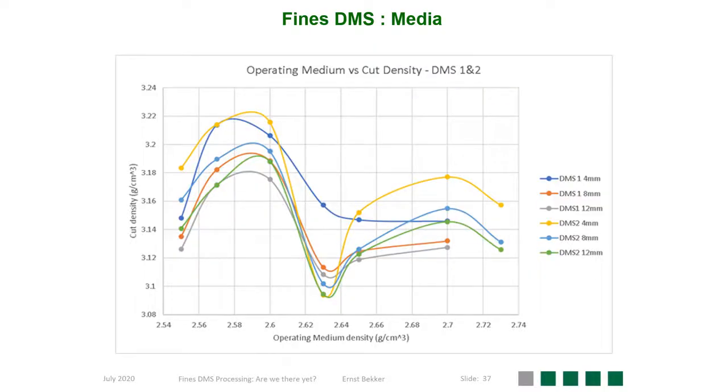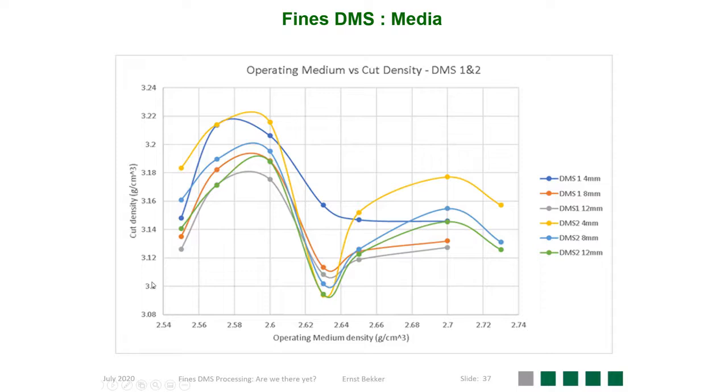Now one can argue that you can just lower the operating density further if you want to reduce your cut density to even values below 1.55. As this graph illustrates, there's a catch. This graph illustrates that as the operating density was reduced from 2.72 to about 2.64, the cut density did come down.